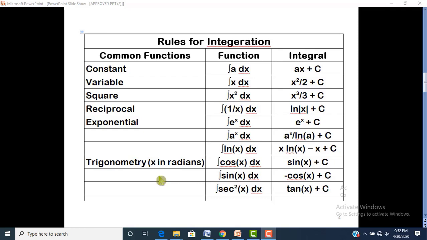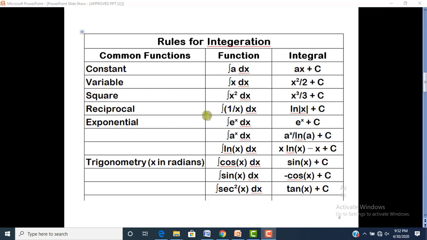Here are some rules of integration. For a constant, we have the function integral a dx, then the integral will be ax plus c according to rule number 1. This is called the integration rule for a constant. For a variable, it will be integral x dx, and the integral will be x square by 2 plus c.